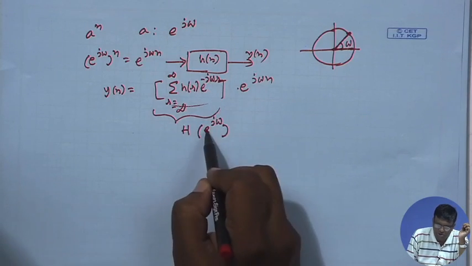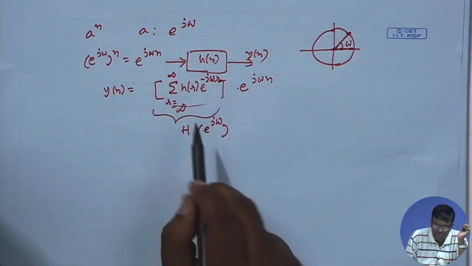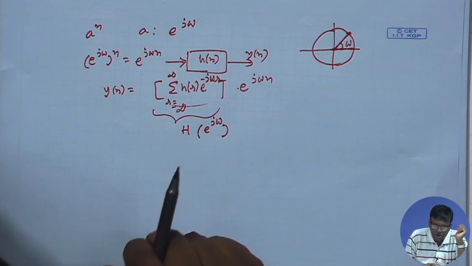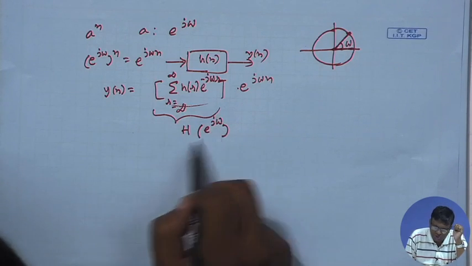So, various powers of e to the power j omega come. This summation is nothing but a power series of e to the power j omega. Just to remind us of that fact, we write it as a function of e to the power j omega, but actually it is a function of omega only.